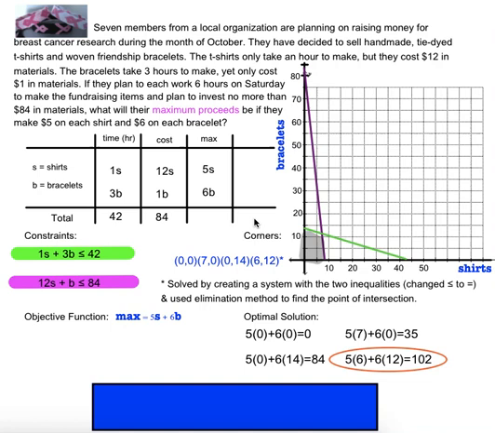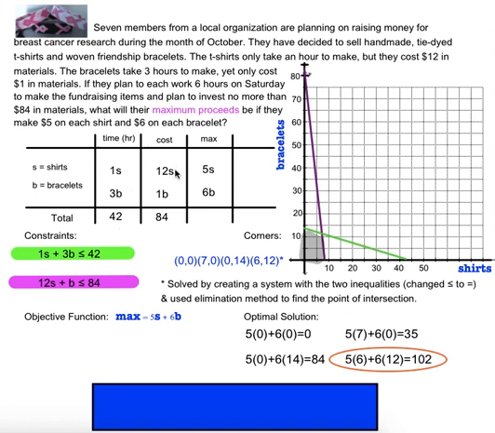In this case, we're talking about t-shirts and bracelets, which on the left I've denoted by shirts and bracelets. Then reading through the problem, I've identified the two constraints as time and the amount it costs to make it. T-shirts take 1 hour to make, and bracelets take 3 hours to make, and they only have 42 hours total.